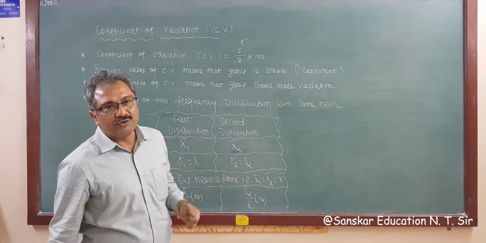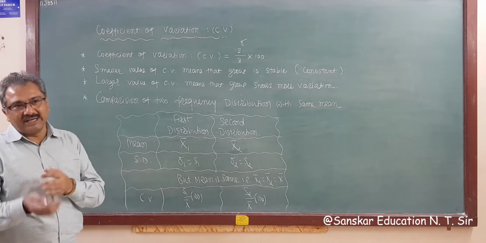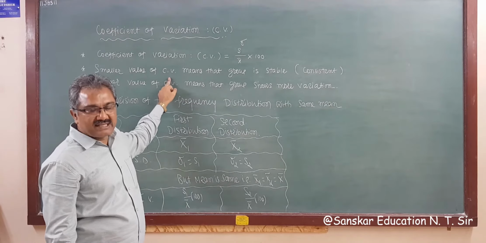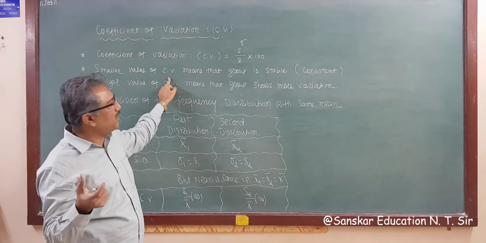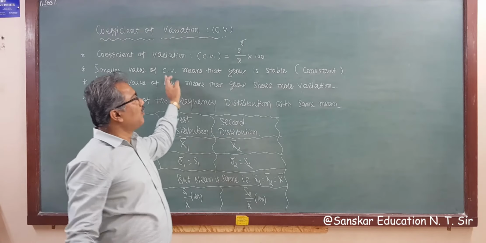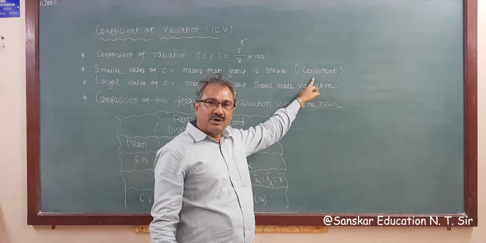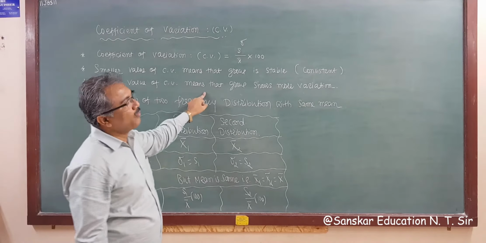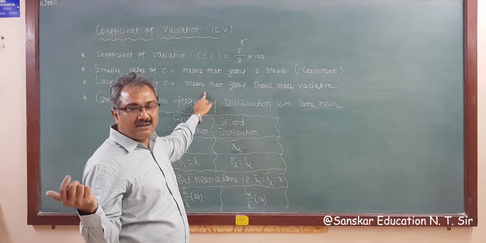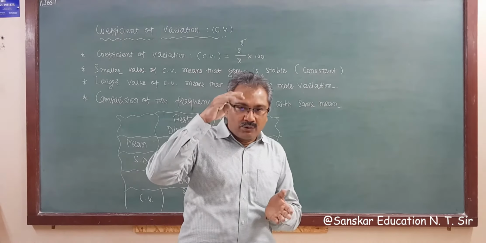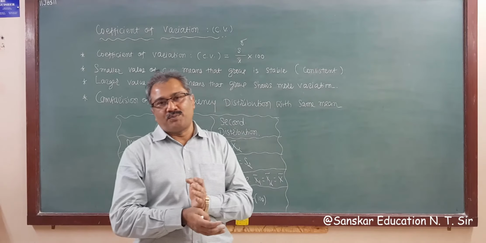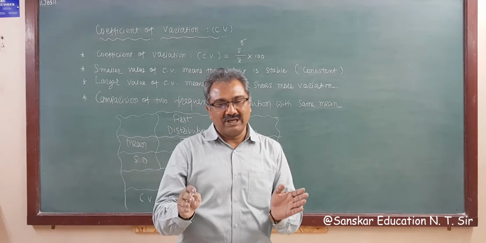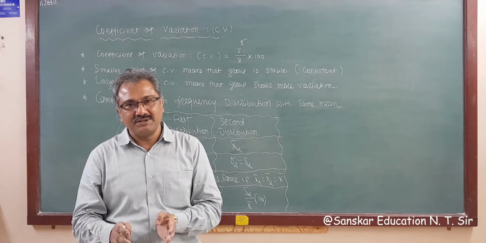For that, what we have to measure is: if the value of CV is smaller, then that group is more stable, that is, a consistent group, and a larger value of CV means that the group shows more variation. If the CV of the group is smaller, then that group is more consistent, right?